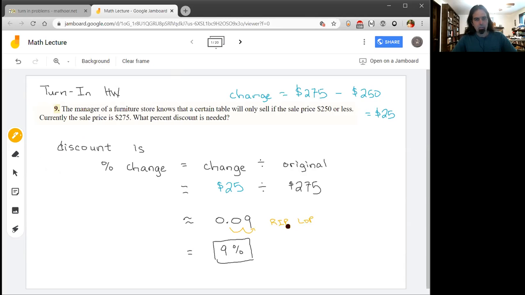If we had 10% off, that would be $27.50, which would be a little more than we wanted. So 9%, yeah, that seems reasonable.